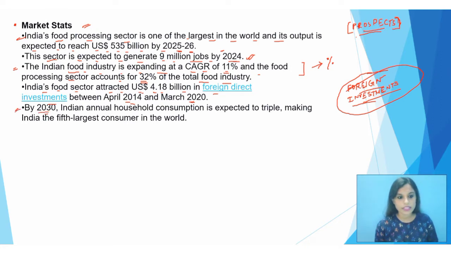By the year 2030, Indian annual household consumption is expected to triple, making India the fifth largest consumer in the world. So, as you can see, population is rising, so demand for food is also rising, and hence, through a little bit of case study, we can see this.